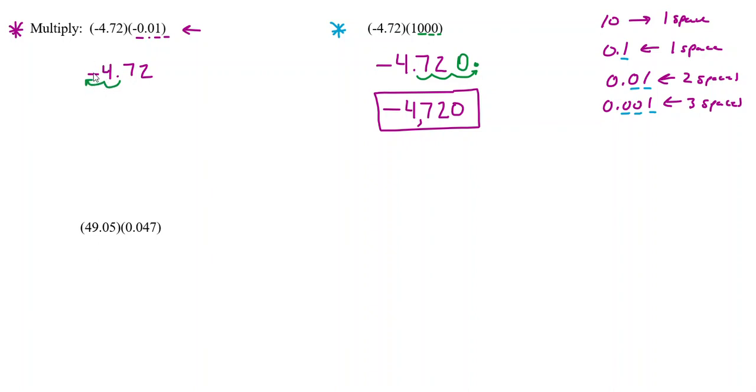Now, again, nothing there, so we're going to put in a little marker, and now we can rewrite our answer. Remember that the rules of integers still apply. A negative times a negative is a positive, so the answer is going to be positive.